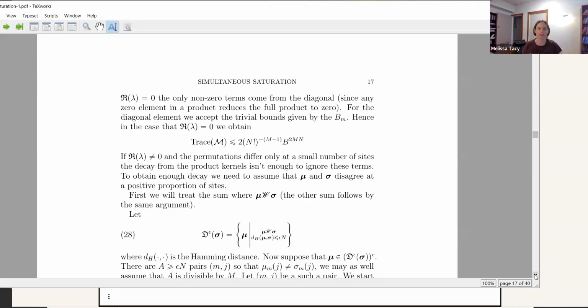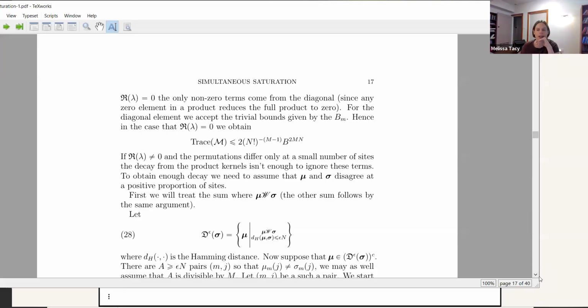So what I actually have to do is look at things where mu and sigma disagree on a positive proportion of sites. Okay, so that I have enough sites that are exhibiting decay, so I can say that the entire product decays. And this is where the loss of the little n to the epsilon comes from, because I need this positive proportion of sites.